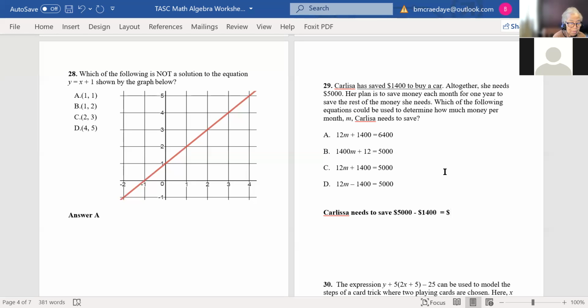What's 5,000 minus 1,400? 5 minus 14. What's that equal to? Okay.